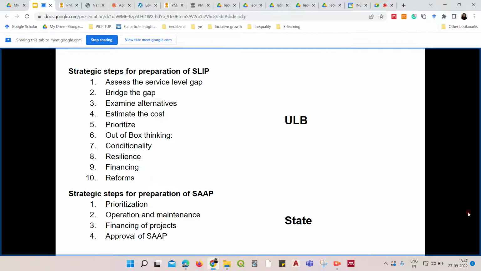And then you estimate the cost based on which kind of alternative you've chosen, how large the gap is, and what initiatives need to be taken in order to bridge the gap. Then you prioritize among various service level gaps: which gaps should be fulfilled first, and among those options you choose.